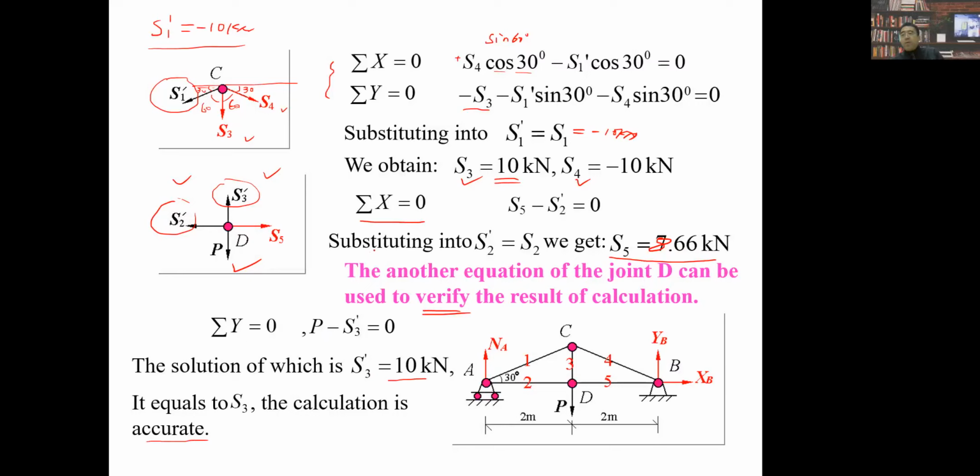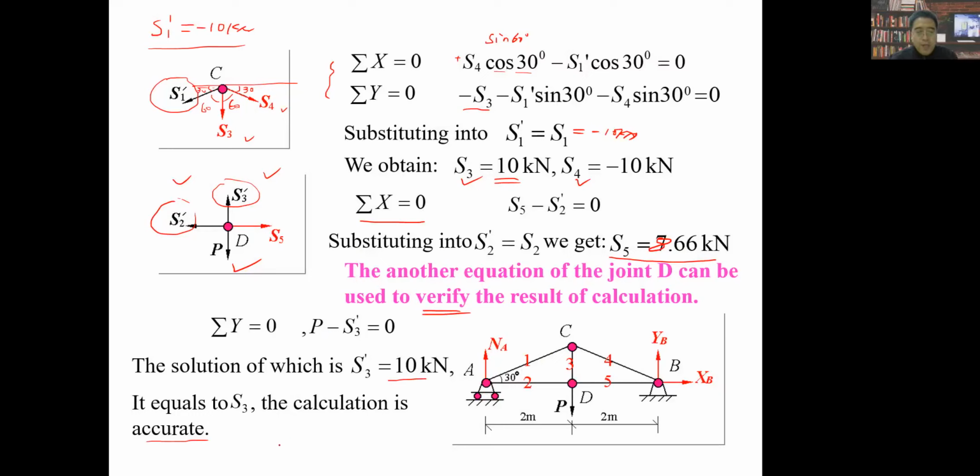I think you guys can find that this so-called method of joints is very simple, but it's a little bit complicated. It takes a lot of time, right? So we have to select one joint after another. Then we can find all the internal forces of all the members which constitute this whole plane truss, right?